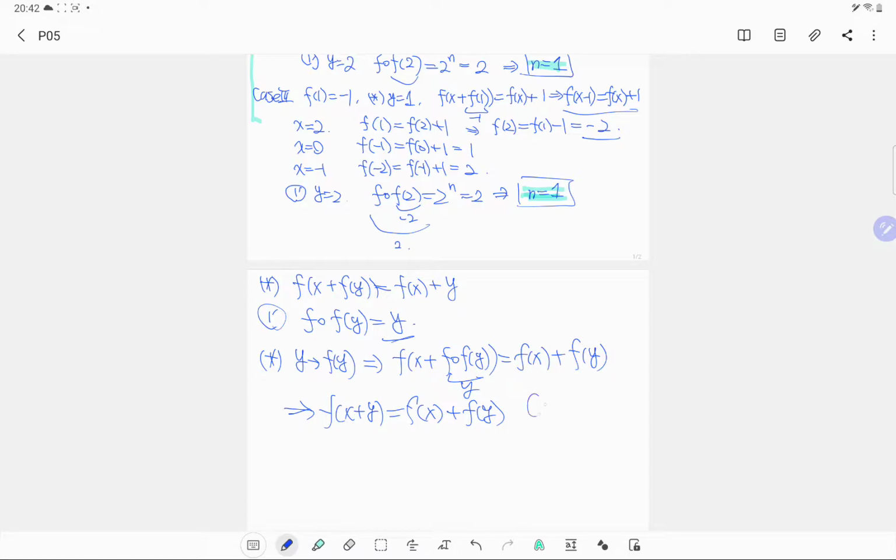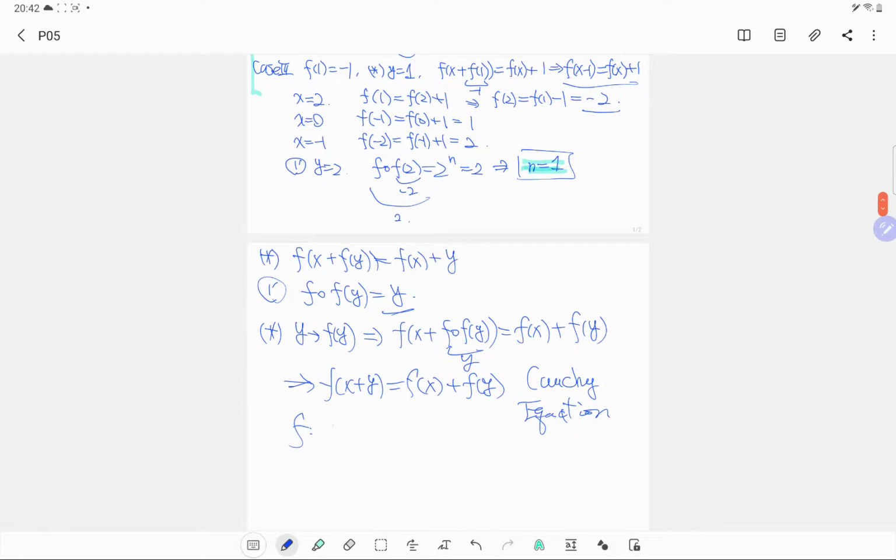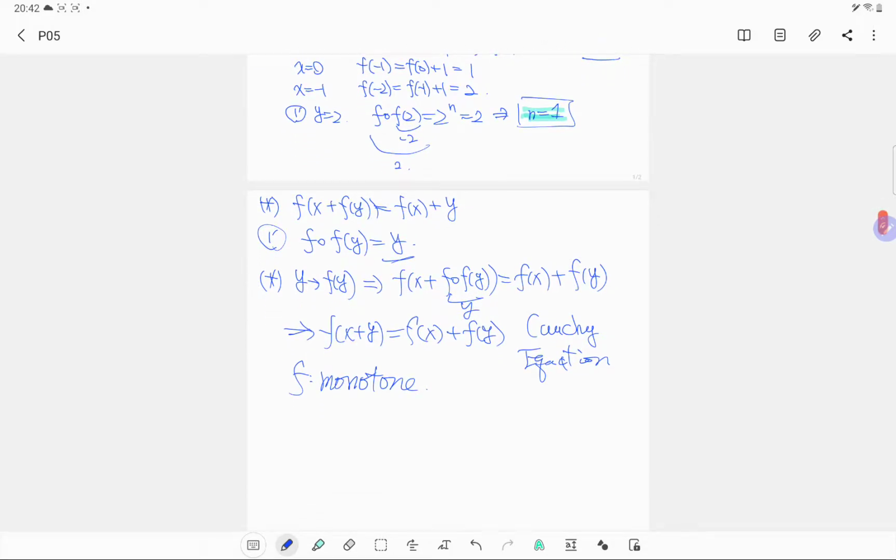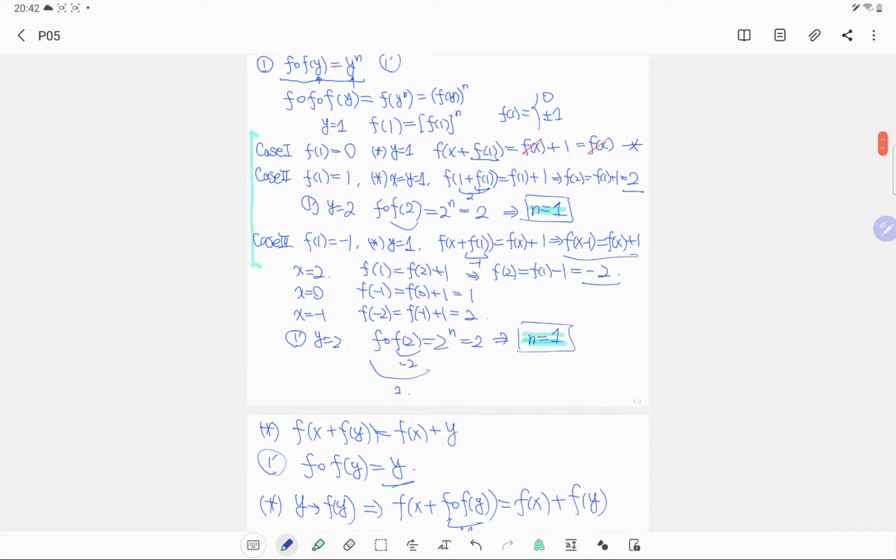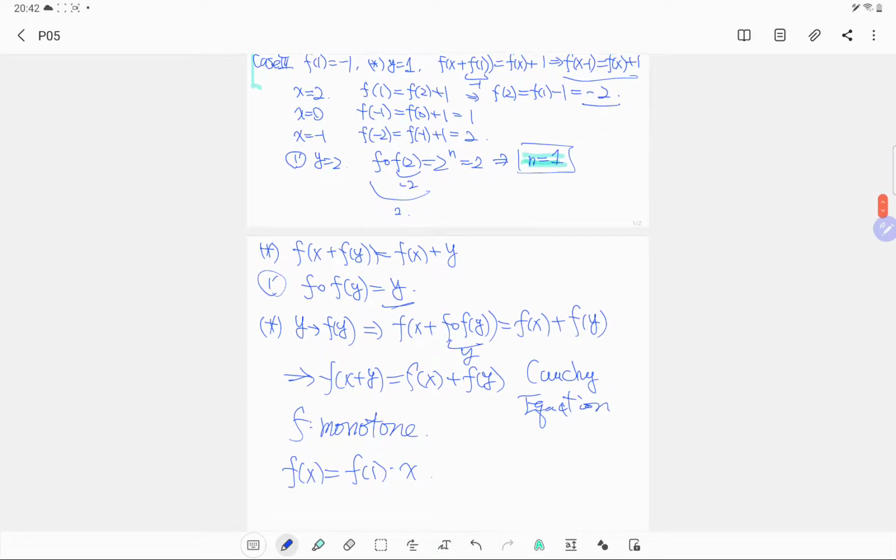This is a Cauchy equation, and with f being a monotone function from real numbers to real numbers, we can conclude that f of x should be f of 1 times x. We already know f of 1 can only be plus or minus 1, which means that f can only be plus or minus x.